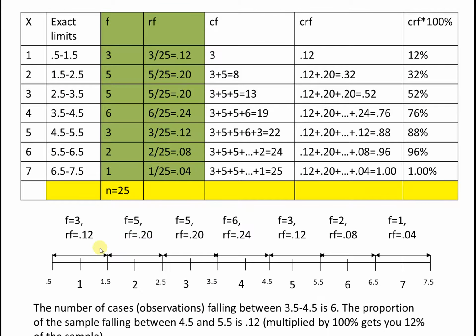So the long and short of it is that the frequencies and relative frequencies are capturing frequency and relative frequency counts between our lower and upper exact limits for each interval, under the assumption that if we had enough measurement precision, we would observe those values that would not be exactly on the whole number, but rather below or above that number.